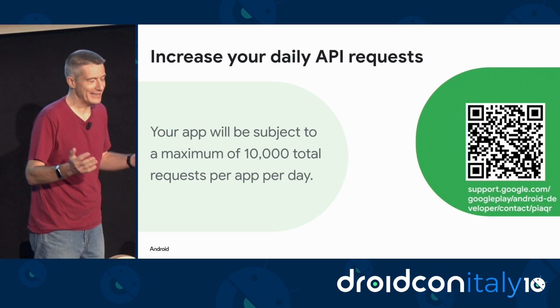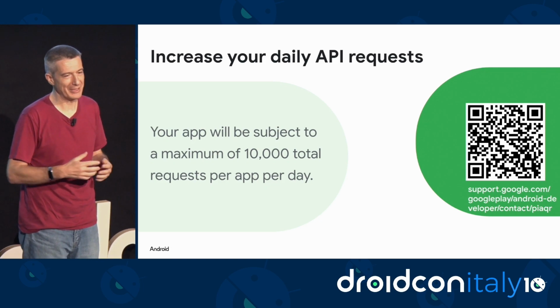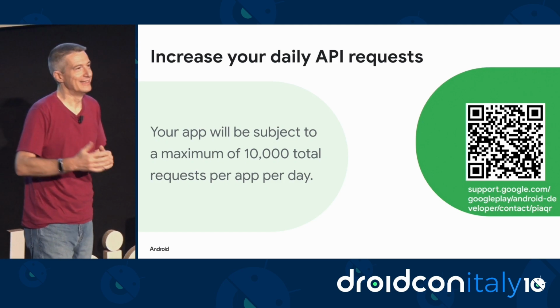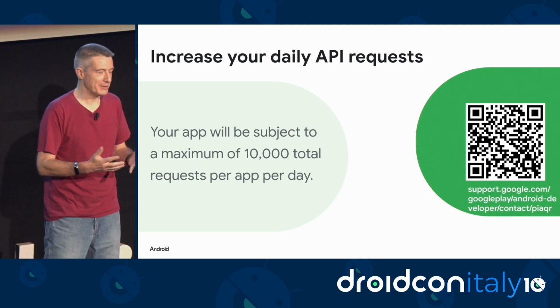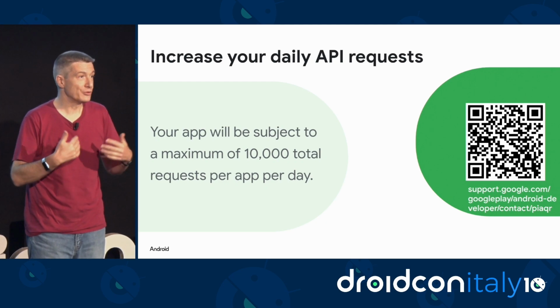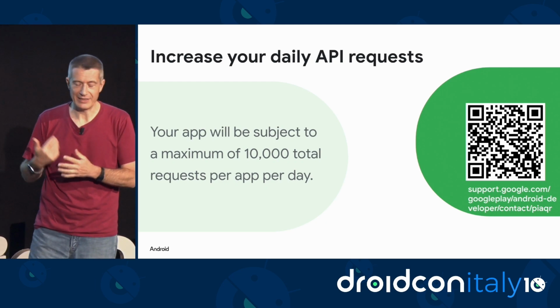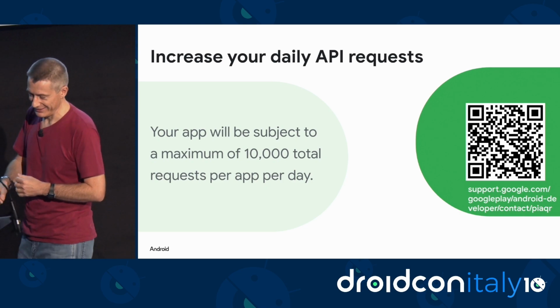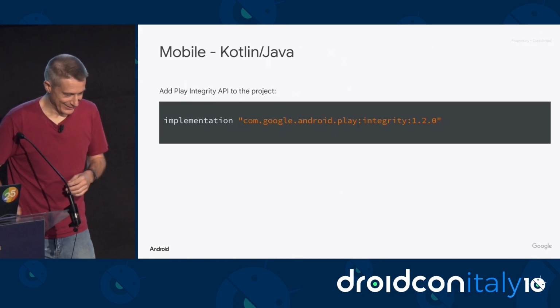I don't know how many, it depends. If you're asking around some holidays, it takes a few more days because it's going to be manually reviewed. So if you are planning to go into production, it's probably a good idea to plan in advance to request a quota increase. Just saying.